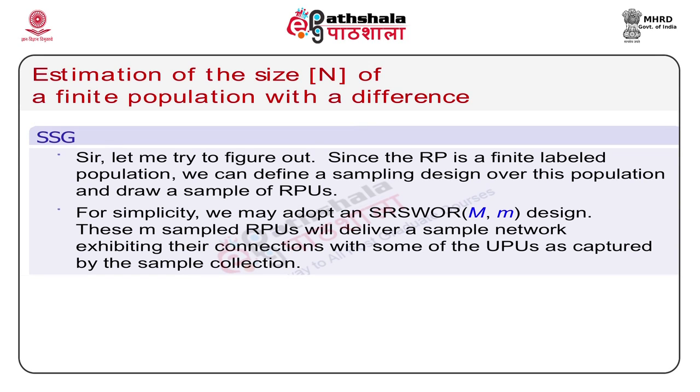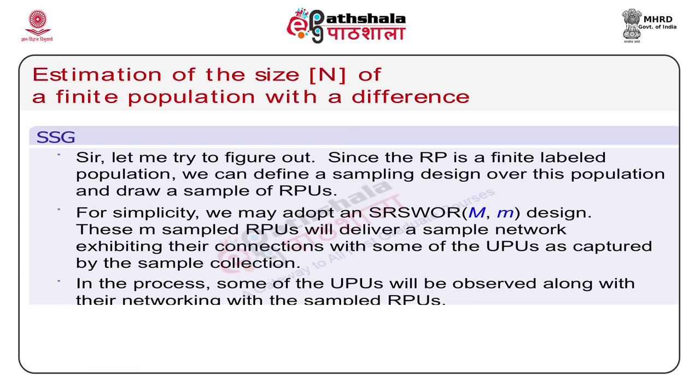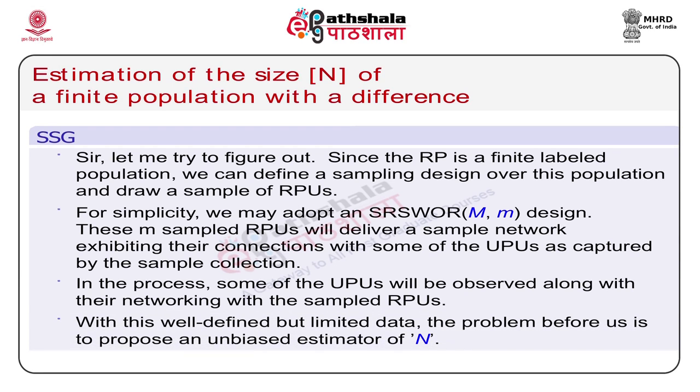These small m sampled RPUs will deliver a sample network exhibiting their connections with some of the UPUs as captured by the sample collection. In the process, some of the UPUs will be observed along with their networking with the sampled RPUs. With this well-defined but limited data, the problem before us is to propose an unbiased estimator of capital N. It is indeed a challenging problem, I think.